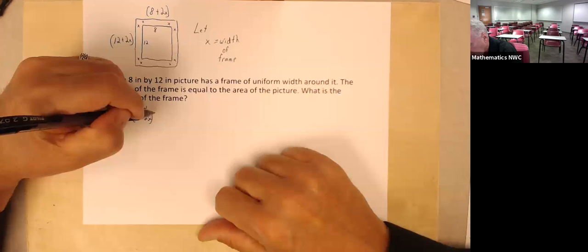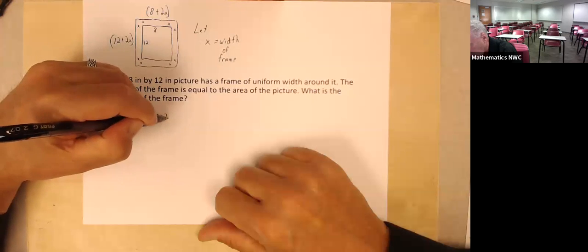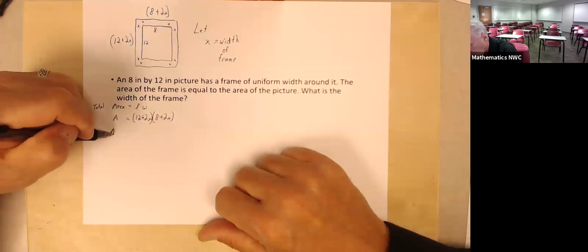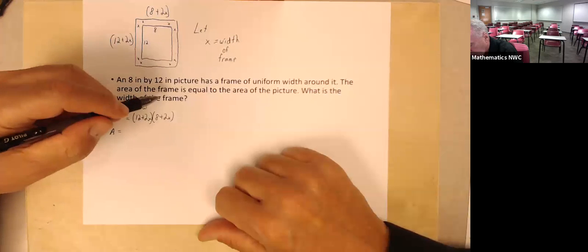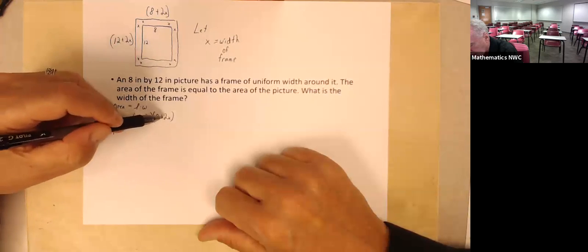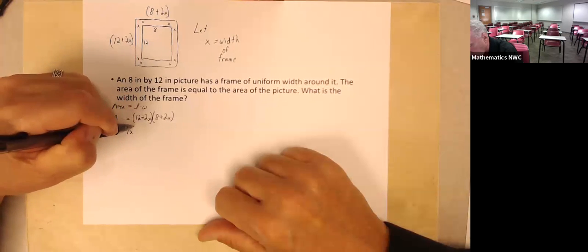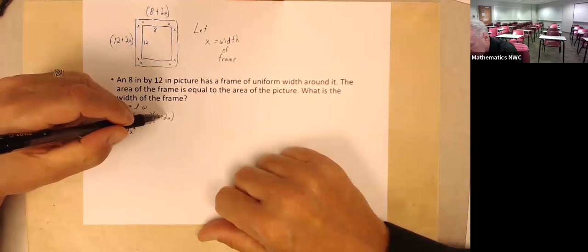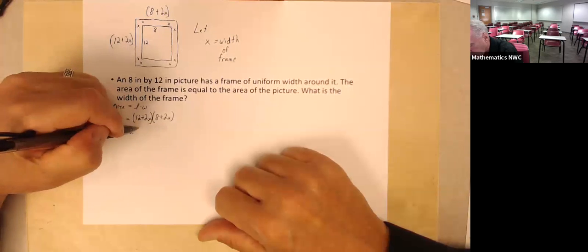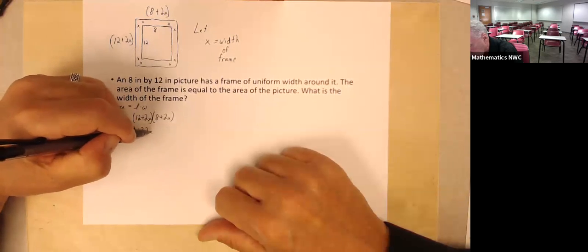My width is 8 plus 2X. That total area, if you don't mind, I'm going to FOIL this out, put the X terms in order. So 2X times 2X is 4X squared.